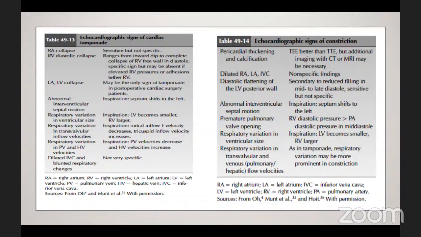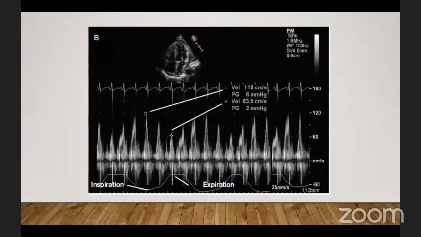A dilated IVC that is not collapsing with the respiratory cycle is an indicator of severity. And Doppler measures across the mitral and tricuspid valve will show it here. This is a pulse wave Doppler across the mitral valve.